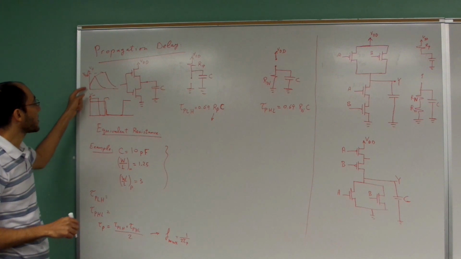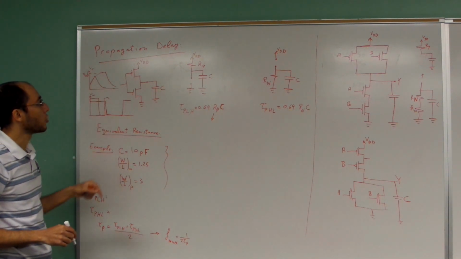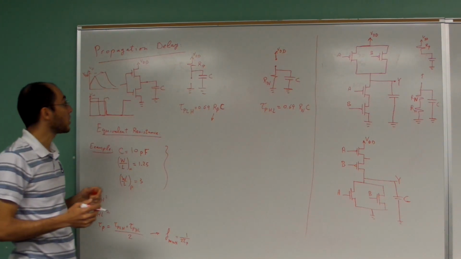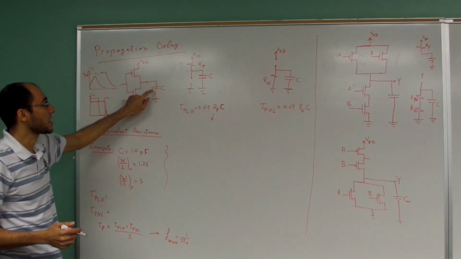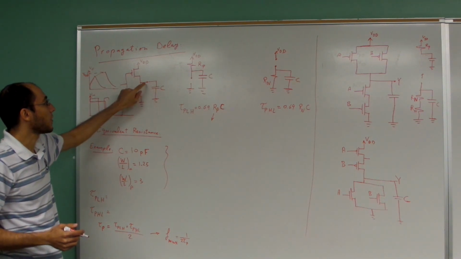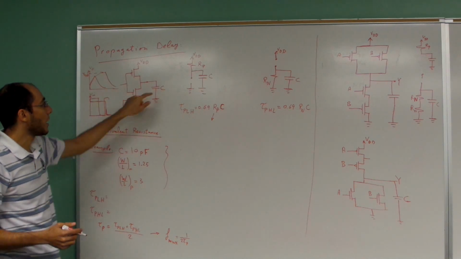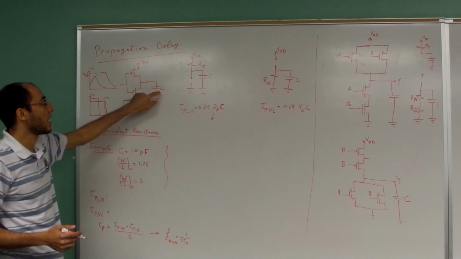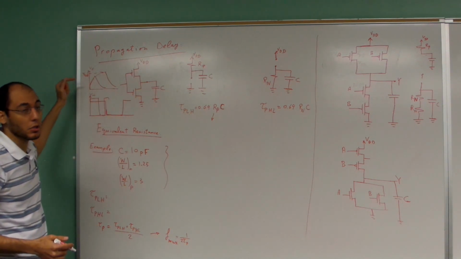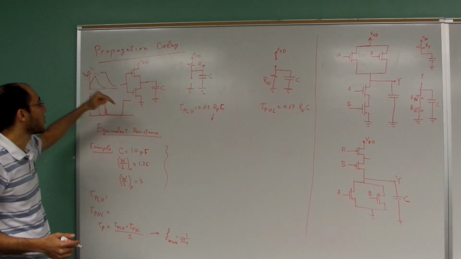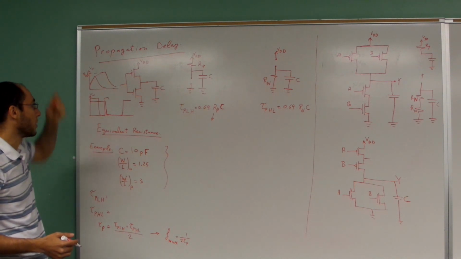So why does it take much time? It's not an abrupt change. It does take some time because there exist some capacitances that are driven by this NOT gate. Since the capacitance has to charge and discharge, that's why it goes up slowly and discharges slowly.